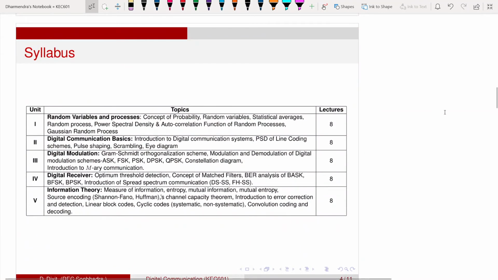The syllabus of this course is divided into 5 units: Unit 1, Unit 2, Unit 3, Unit 4, and Unit 5. The first unit title is Random Variable and Random Process.